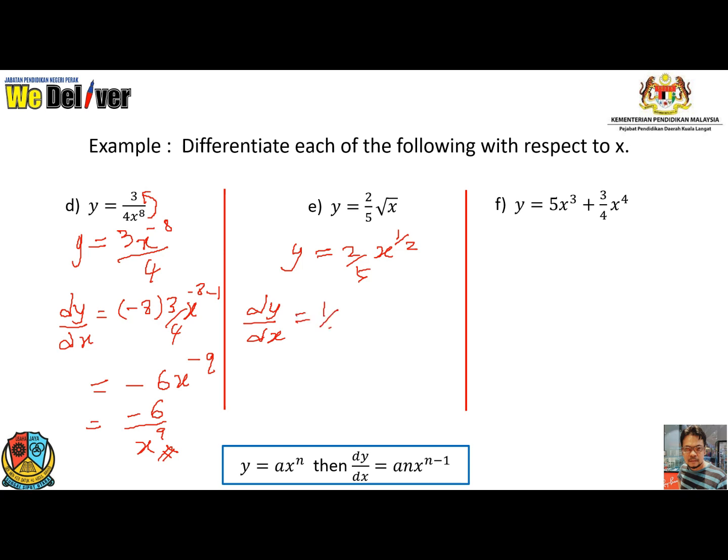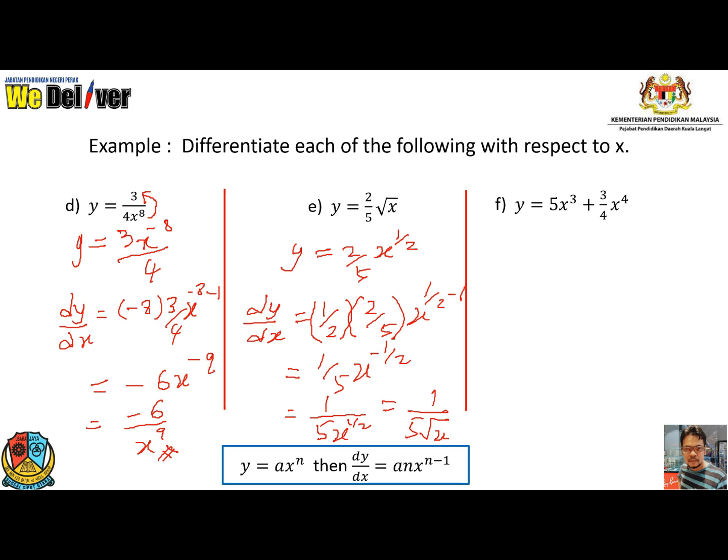Bring 1 over 2 in front, times 2 over 5, and x to the power of 1 over 2 minus 1. Simplify, you get 1 over 5, x to the power of negative 1 over 2, so equals 1 over 5, x to the power of 1 over 2, so equals 1 over 5 square root.